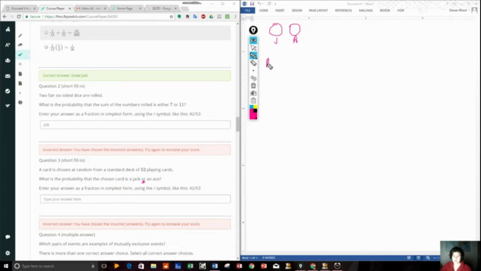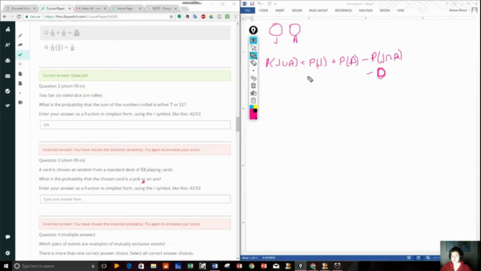So the probability of it being a jack or an ace is going to equal the probability of it being a jack plus the probability of it being an ace minus the probability of it being a jack and an ace at the same time, which, because they're mutually exclusive, is 0.